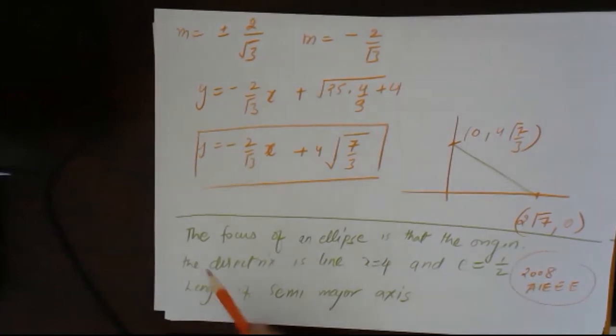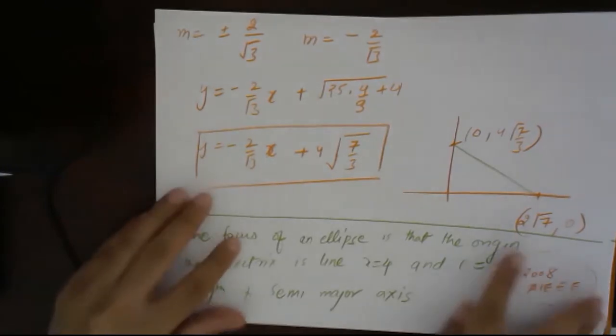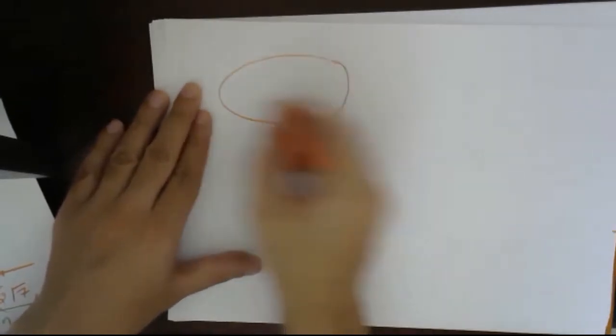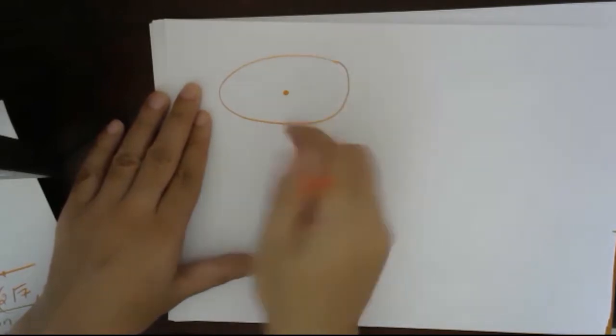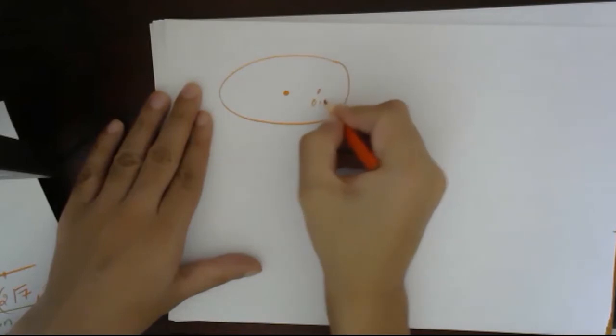I'm repeating the question once again. The focus of an ellipse is at the origin, the directrix is the line x equals 4, and the eccentricity is 1 by 2. Then the length of the semi-major axis is? I'll solve this one. Suppose this is an ellipse and the focus is the origin, 0, 0.